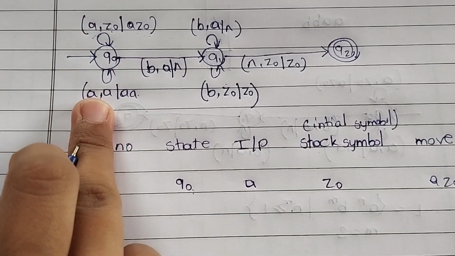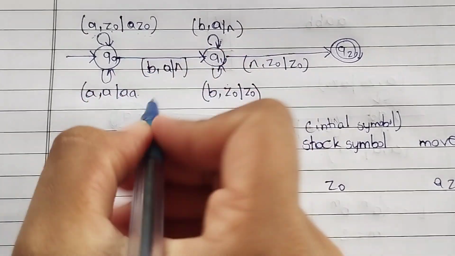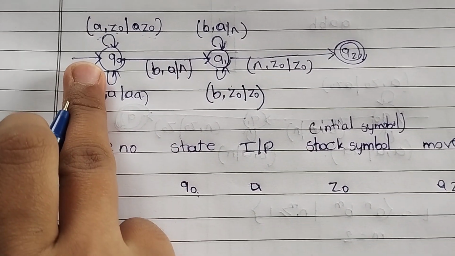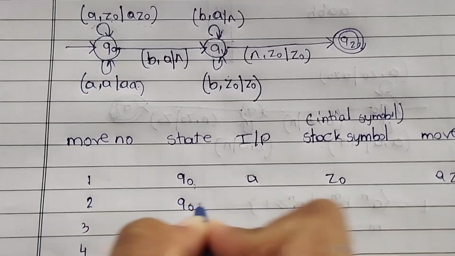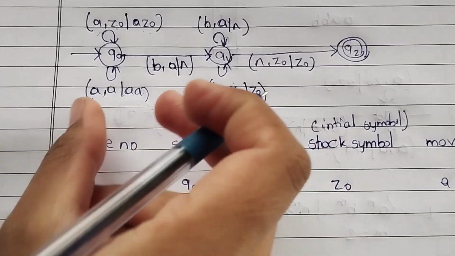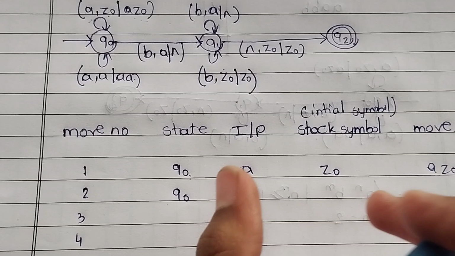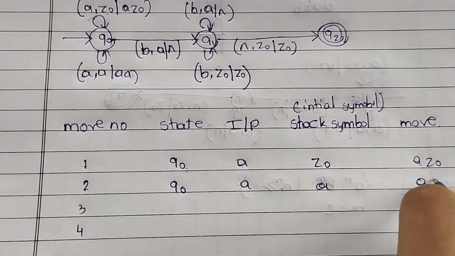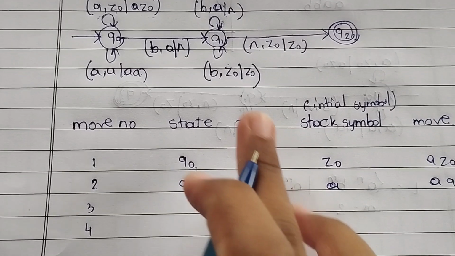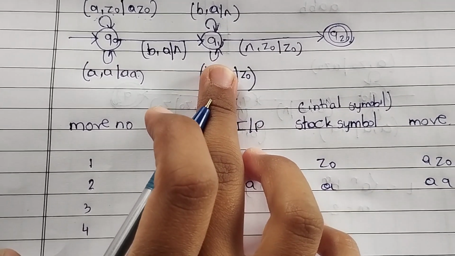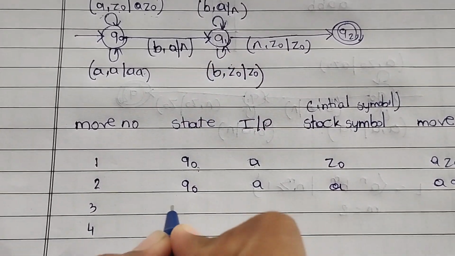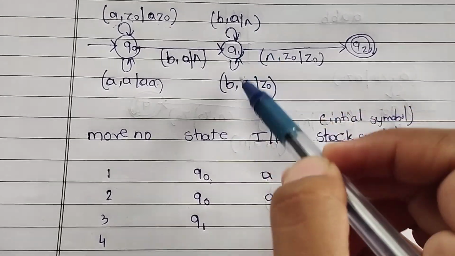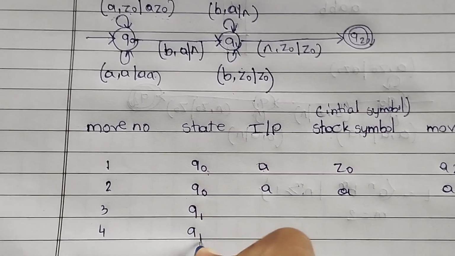Again, one more transition is present here, so write this whole bracket as it is. The first state is Q naught. Then for input, write all the things as they are, one by one. So A. Now the transition is changed: Q1. And for this Q1 two transitions are present, so write Q1 two times here.